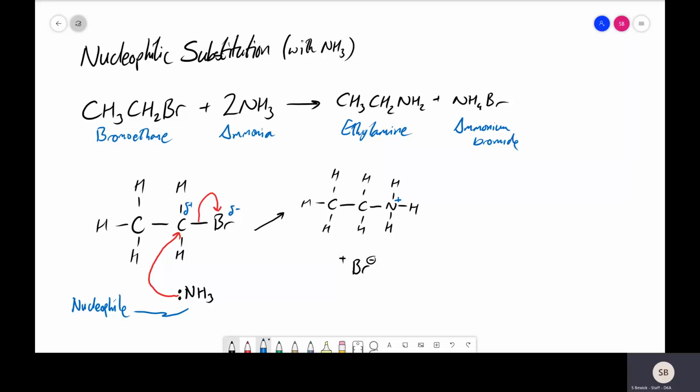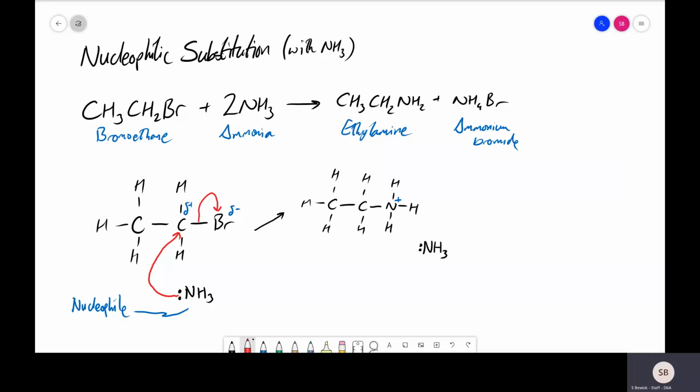Now, if we've got an excess of ammonia, which we have, let's draw our second ammonia just here. So let's remember that we formed that bromine, but we're going to get rid of it for now because it just gets in the way.